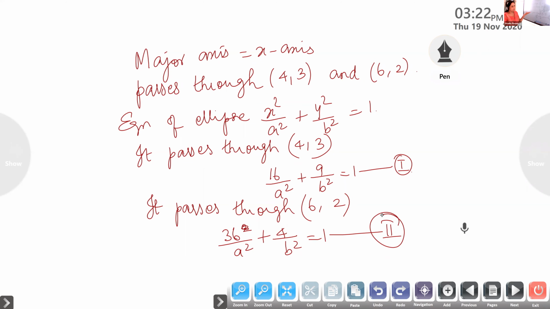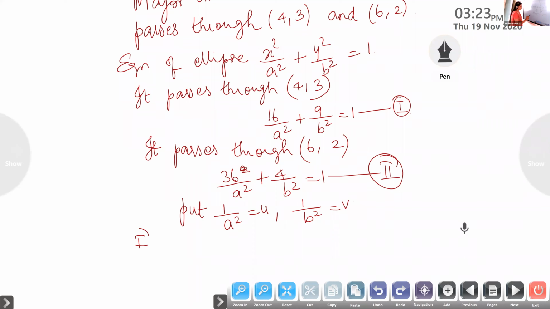The unknowns are A and B. To solve this, put 1 by a square as u and 1 by b square as v. Therefore, equation 1 becomes 16u plus 9v is equal to 1.